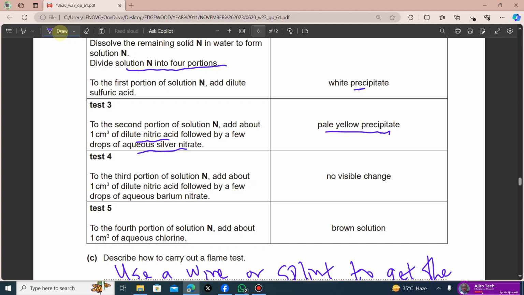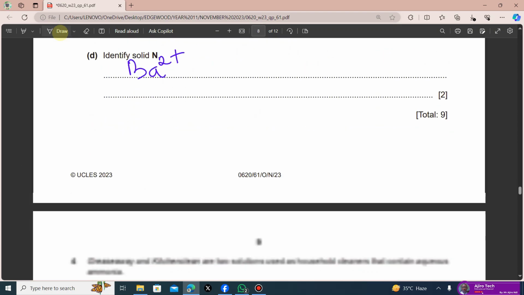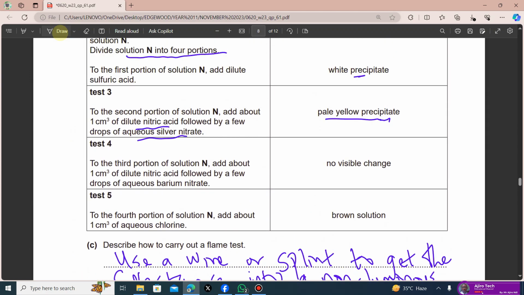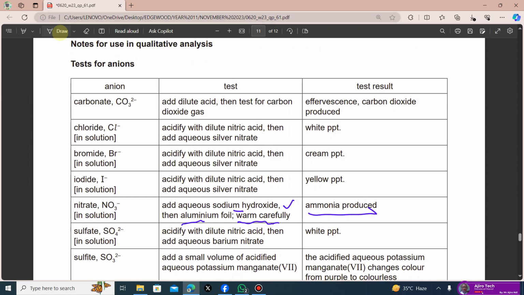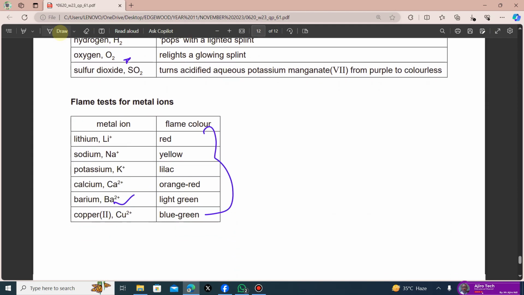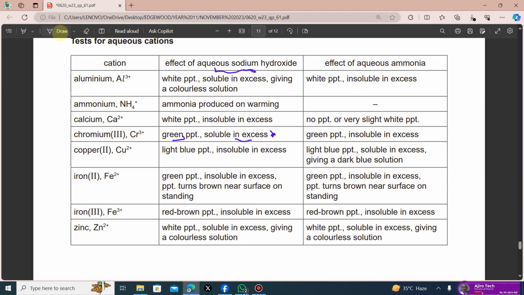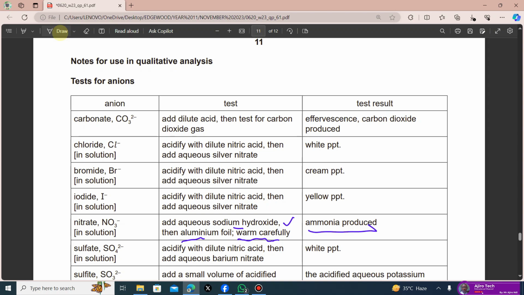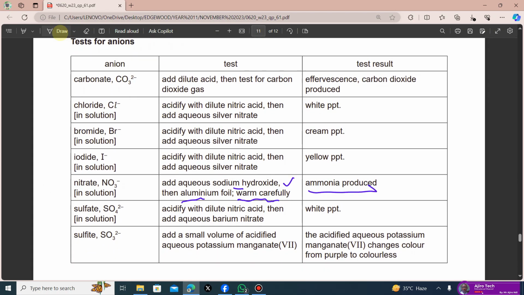So from this, we can determine something about the substance N. We'll go back and look at when we add dilute nitric acid and aqueous silver nitrate, which of them gives a pale yellow precipitate? So let's look at the anion that is likely going to give that. All right, you see that the iodide ion falls under that category.